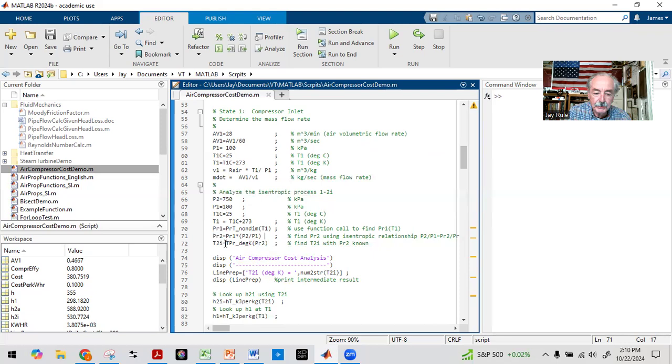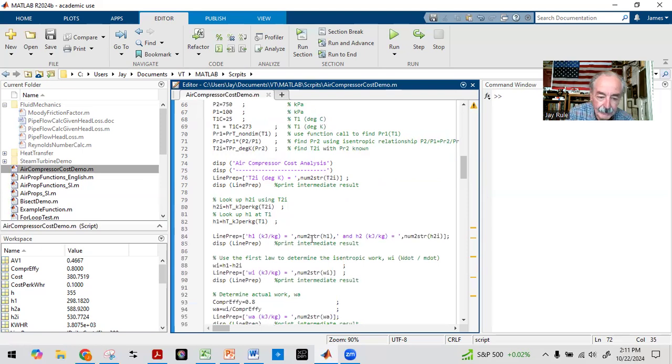I've got PR2 and there's a function call called TPR, in degrees K, that finds T given PR. I'm making this function call with the input of PR2. This function down below in MATLAB is back calculating T2 isentropic. So T2 isentropic is that function call with the input of PR2.